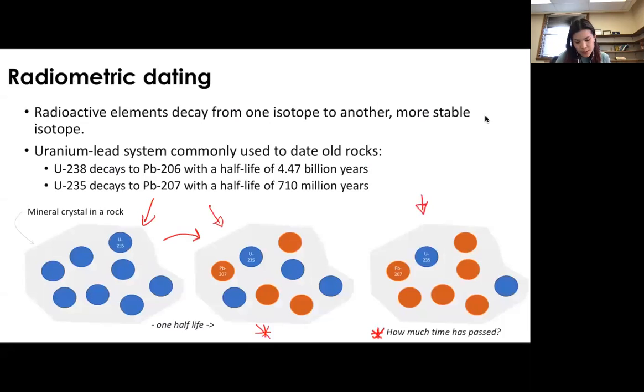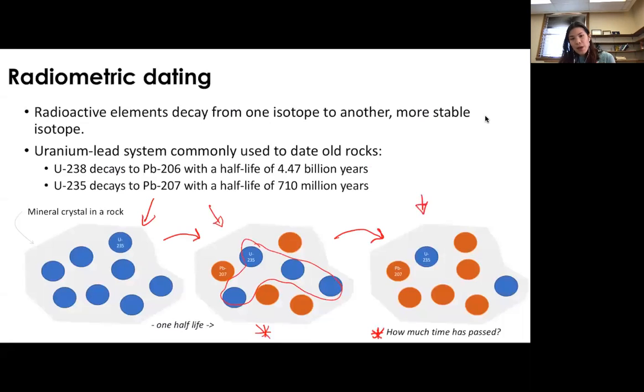Another half-life would take these 4 uranium-235 atoms and decay them to lead-207. That would leave behind 2 uranium-235s and a total of 6 lead-207s, and that's exactly what we have in this diagram on the lower right.